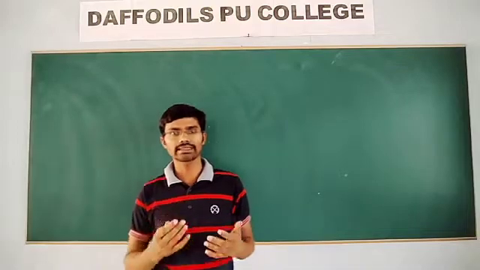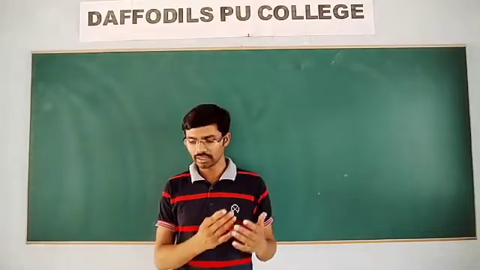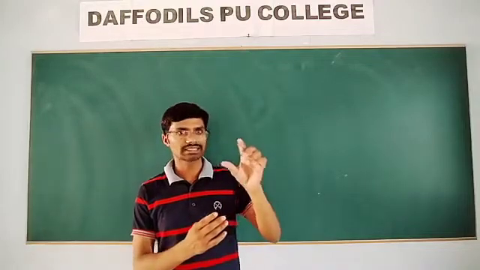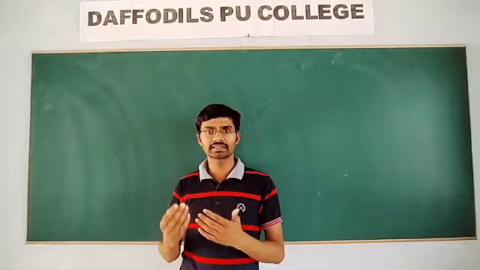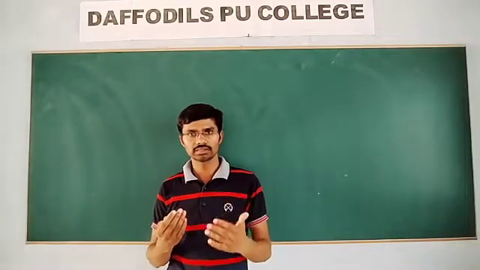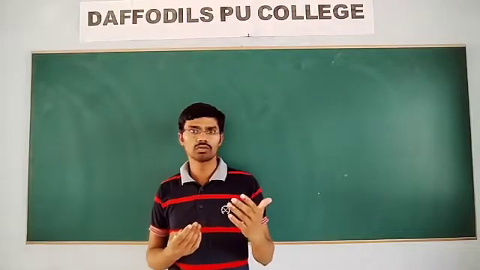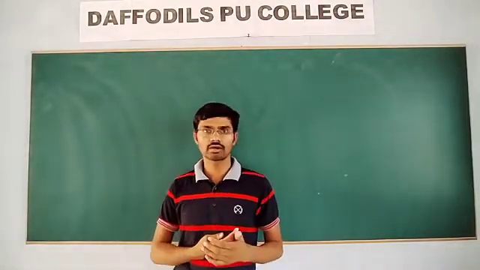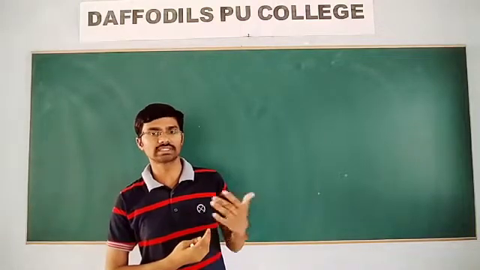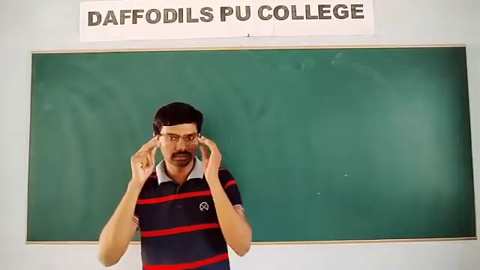Then how light can pass through the lens and through the glass slab, how it is refracted through this lens, and what happens to the focal lengths and refractive indices of these lenses, how it is related to the focal length of the lens, we have seen.